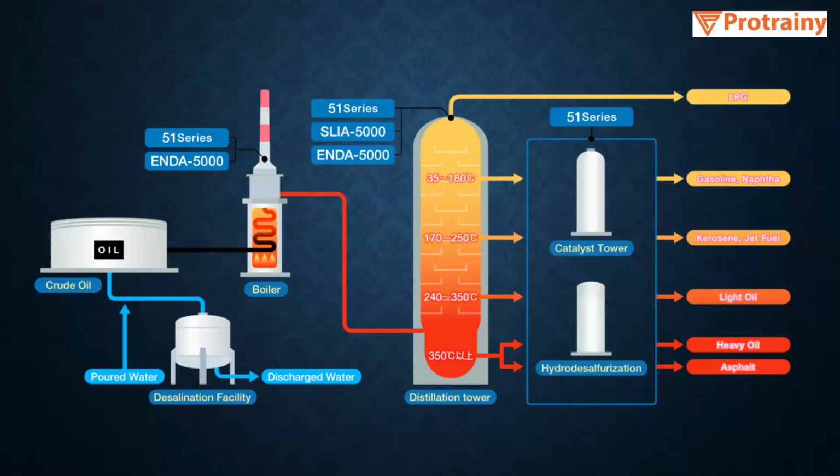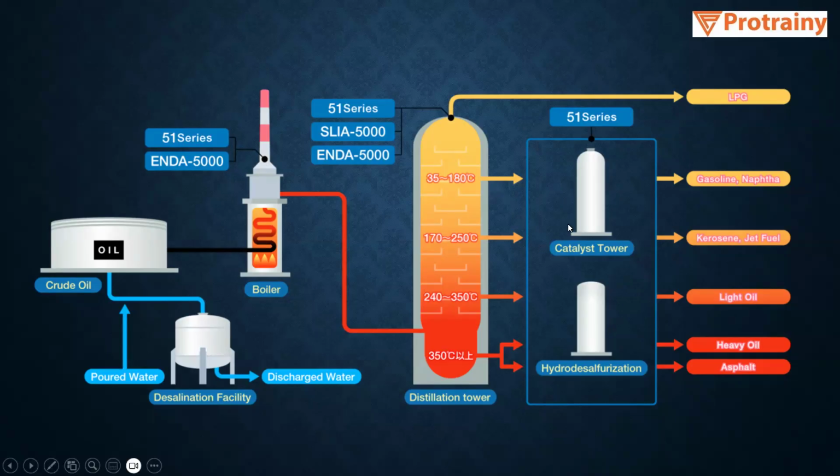So the desalination facility does the desalination in this particular place, and then the crude oil is boiled, pre-treated in the boiler, and then sent to the distillation column, where at the bottom the temperature is very high and at the top it is less compared to the bottom. The various fractions of the components available in the crude oil are separated at various heights of the distillation tower.